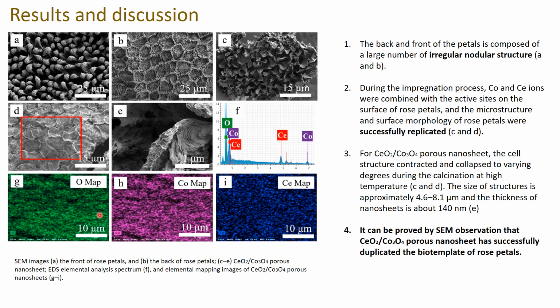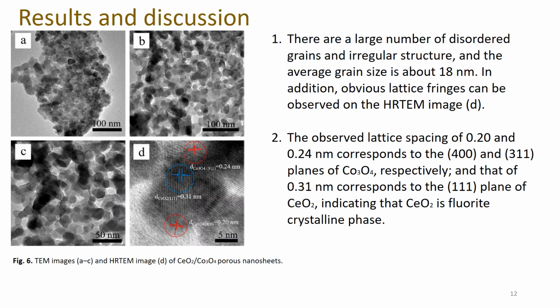And this is the EDS mapping. The mapping shows that oxygen, cobalt, and cerium are distributed very well in the composite.